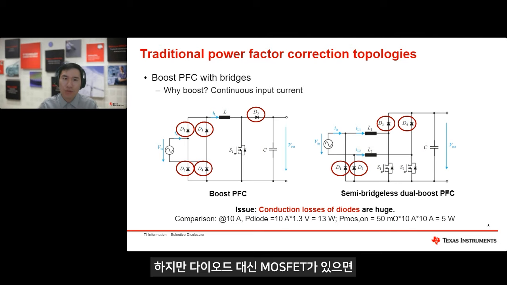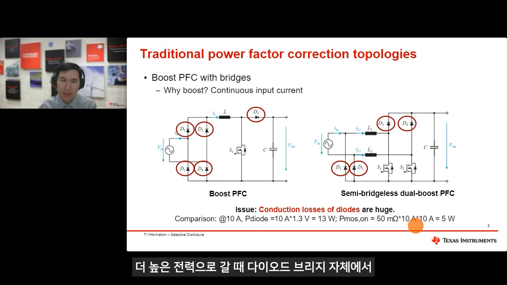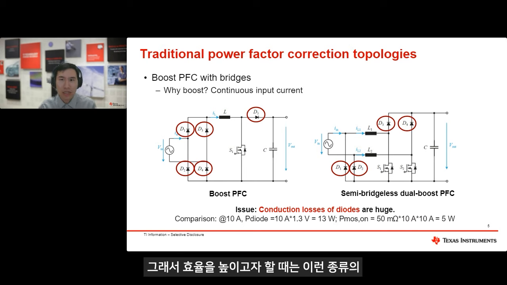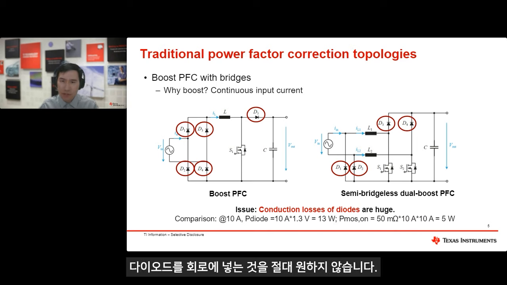But if you have a MOSFET instead of diode, the conduction loss is only 5 watt in this case. So the diode bridge itself will generate a lot of loss when you go to higher power. That's why when we want to push the efficiency, we definitely do not want this kind of diode in the circuit.